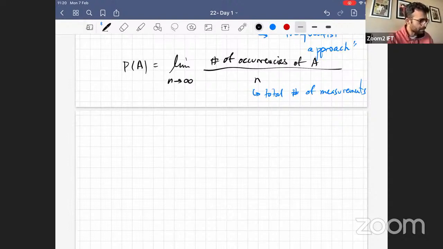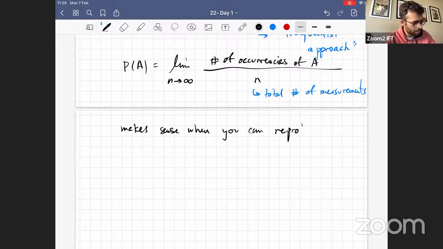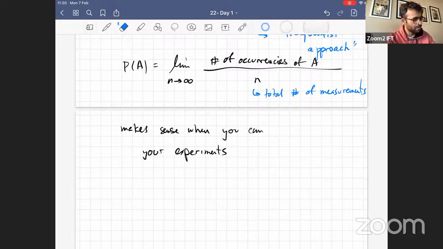Okay. So this makes sense when you can reproduce your experiments, or repeat, more than reproduce, repeat the measurements. Okay.